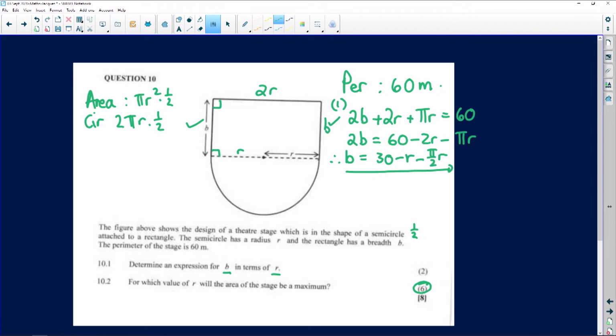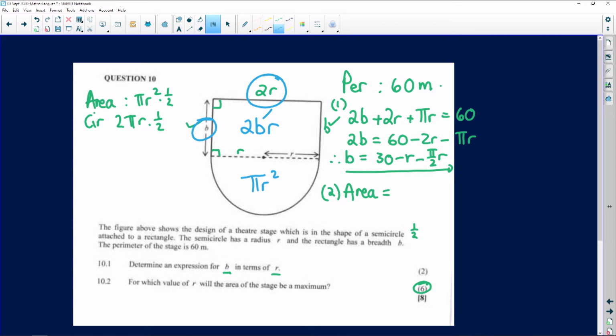The area of this stage is going to be length times breadth, which is the usual formula for the area of a rectangle. So it's 2R multiplied by B. And here we have half a circle, which is pi r squared over 2.